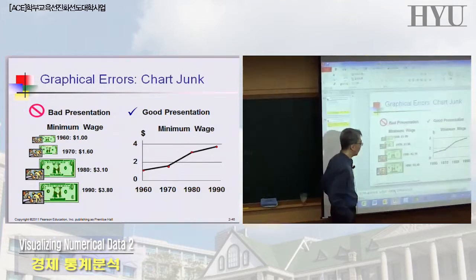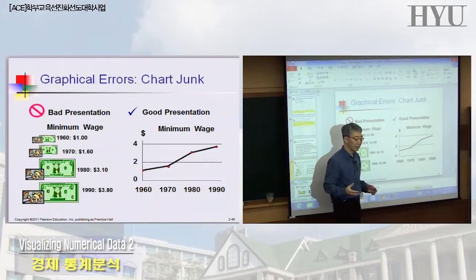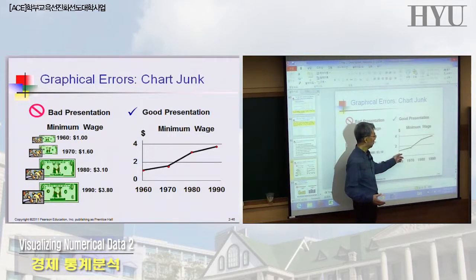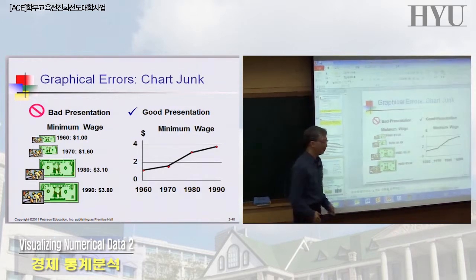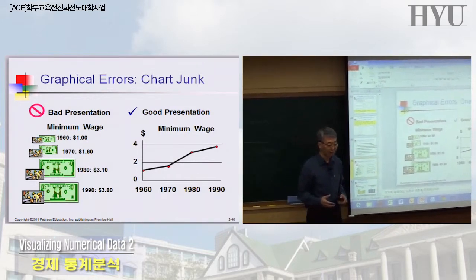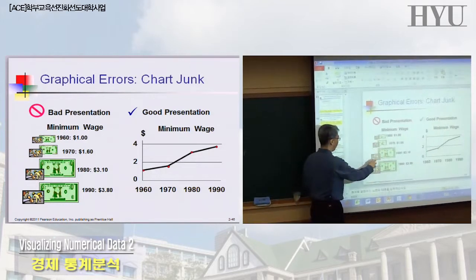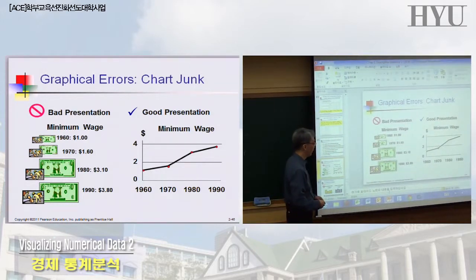If you present just the simple plain vanilla line chart, it would look like that. But I guess someone got an idea to make it more interesting. They used a picture of dollar bills and showed it this way. What do you think?